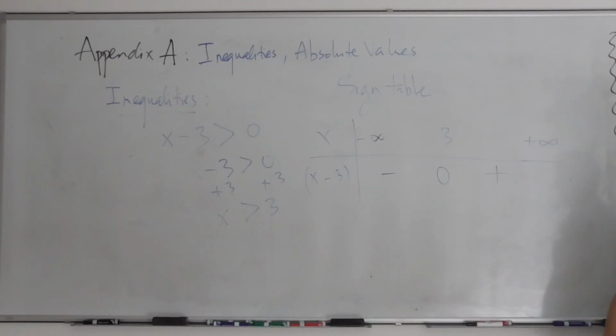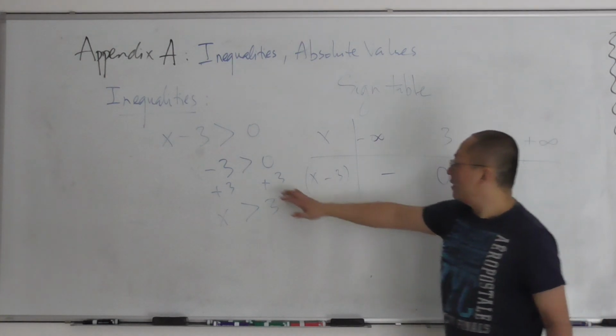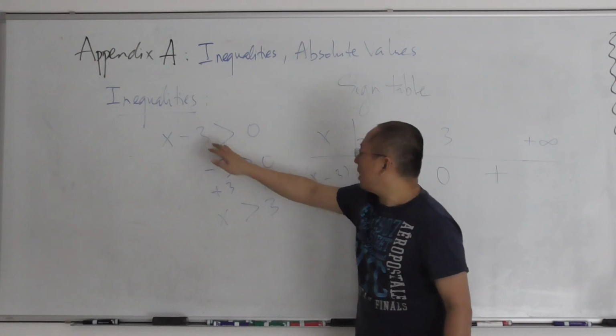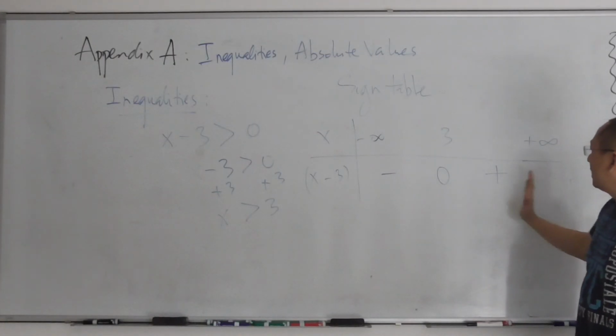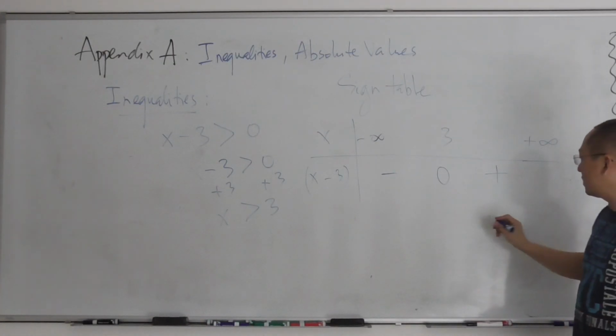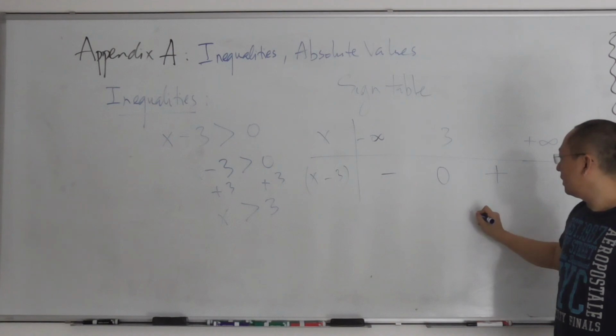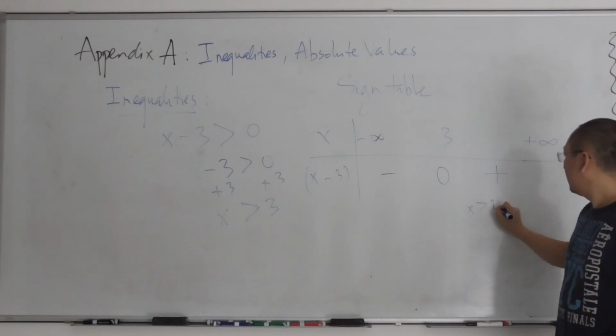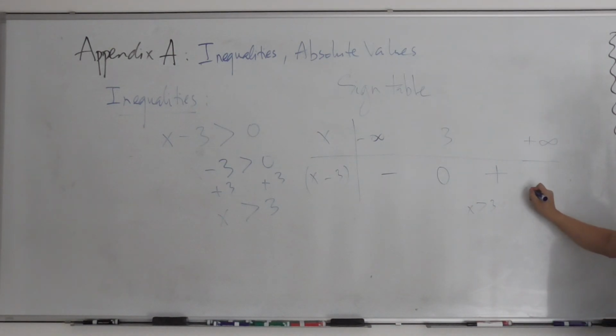With that sign table, you'll be able to answer any kind of question they ask. If they ask, find all the values of x such that x minus 3 is strictly positive, this side is positive, so the answer will be x greater than 3. The interval notation for this will be parenthesis 3 to infinity. What if I change the question?